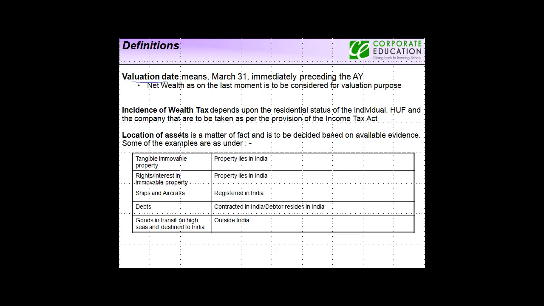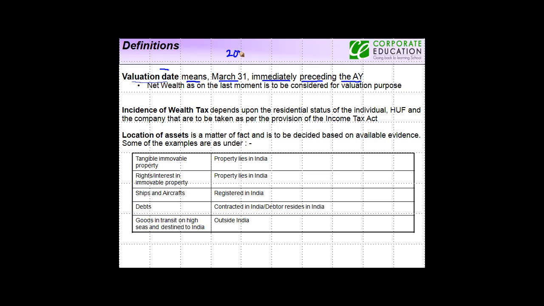Now, I know we discussed this a little bit earlier where I gave you an example, but just for the sake of completeness, let's see. Valuation date means March 31, immediately preceding the assessment year.